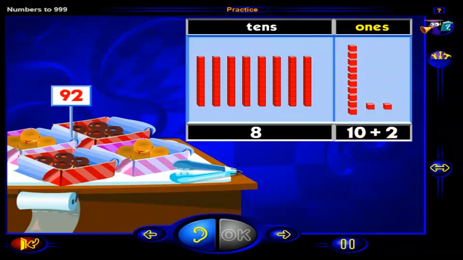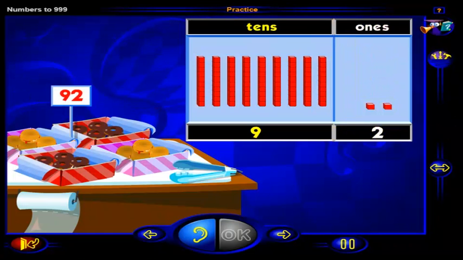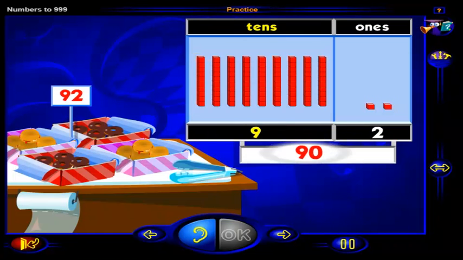So we can move these 10 ones to the tens place to make one more 10. 9 tens is 10, 20, 30, 40, 50, 60, 70, 80, 90, and 2 more is 92. These blocks show the number 92. So there are 92 donuts.